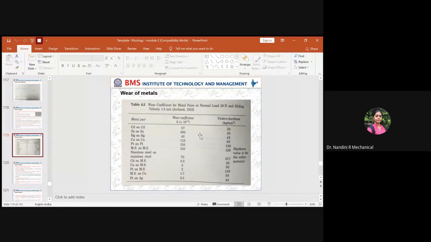So we analyzed how the wear coefficient will reduce when it is of dissimilar metals. When you mate two similar metals, the wear coefficient will be extremely high. That shows that it has very little resistance to wear. So it is always preferable to go for mating components of dissimilar metals. And we dealt with its hardness number as well.